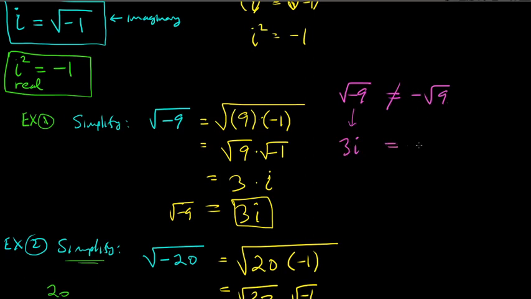The negative square root of 9 is just -3. But -3 is not the same thing as 3 times i. They're two very different numbers, right? One of them is imaginary, a positive imaginary. The other is a negative real number. So they're as different as night and day, right? Imaginary and real numbers are just two very different things.